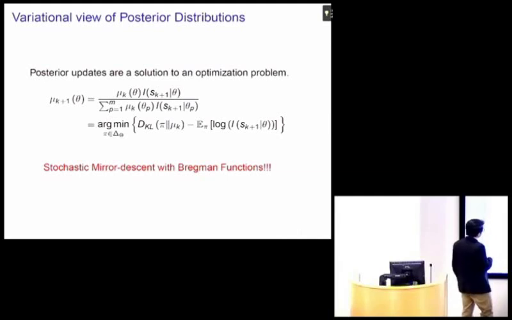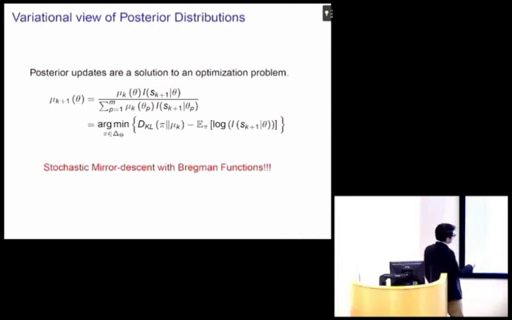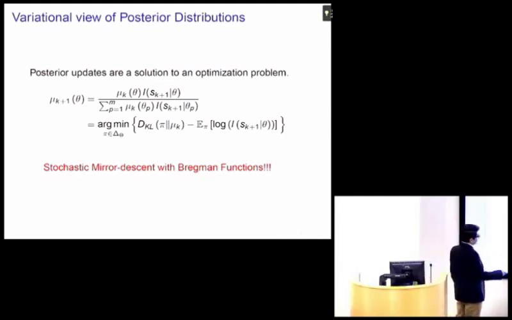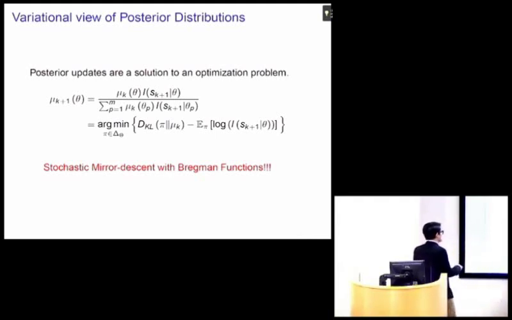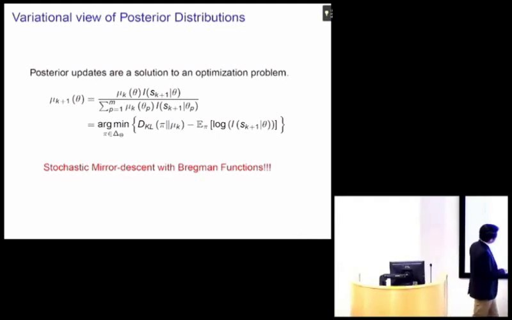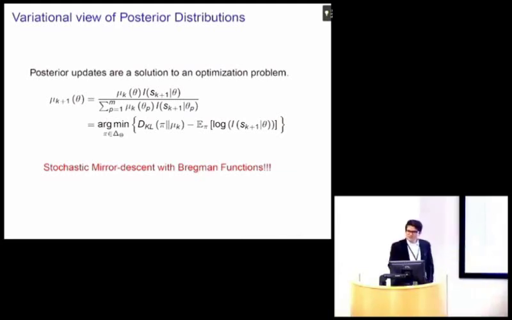One interesting thing about Bayes is that you can express it as an optimization problem, right? This is the variational representation of Bayes. And it took us a couple of months to figure out that this optimization model is precisely some stochastic gradient descent with some specific functions.